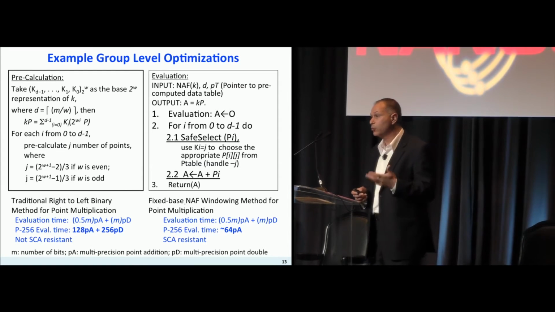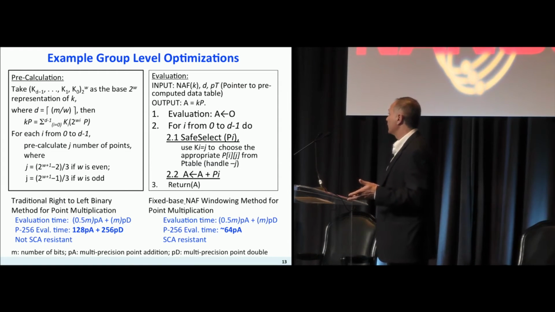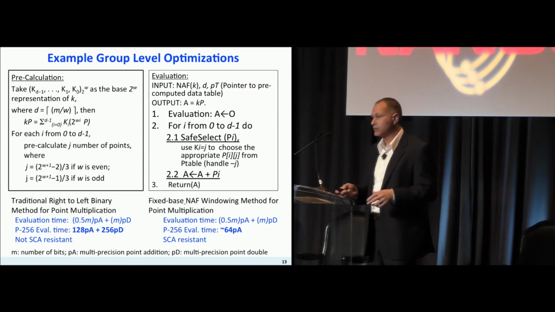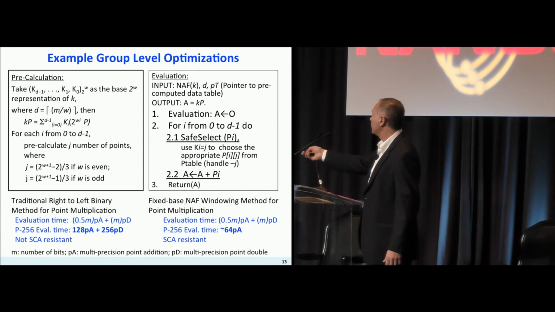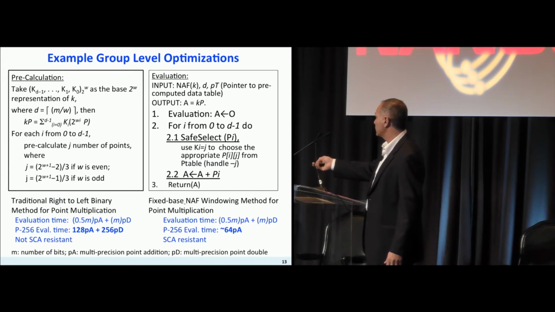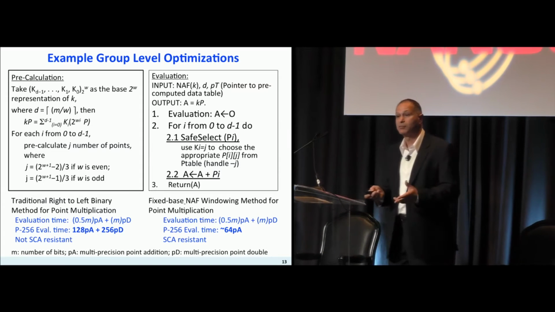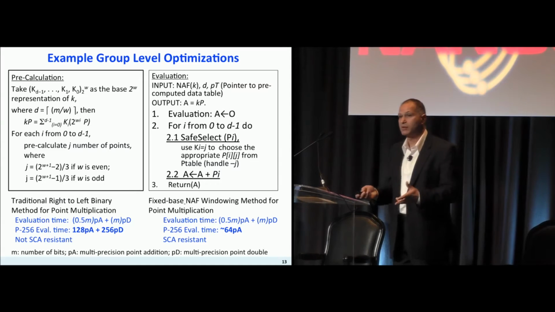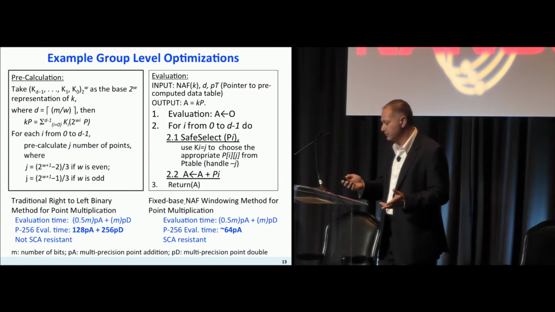These things get quite involved pretty quick. And also, they're not side channel attack resistant. So we can take the algorithm and break it down into pre-calculations and an evaluation stage. And effectively, we can reduce the evaluation time to only 64 point additions. And that is a tremendous improvement over the state of the art.